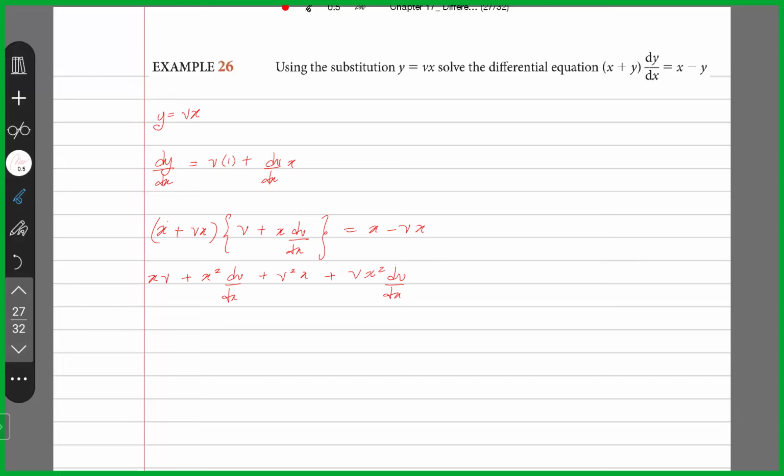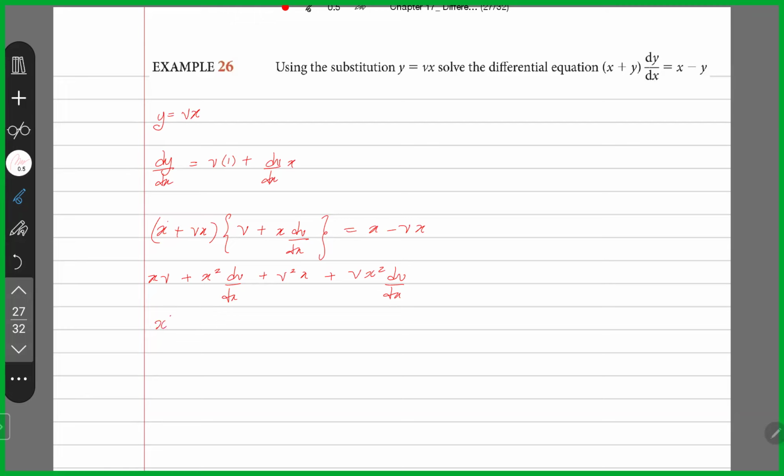All right. Let's group like terms, or let us put together the dv by dx's.